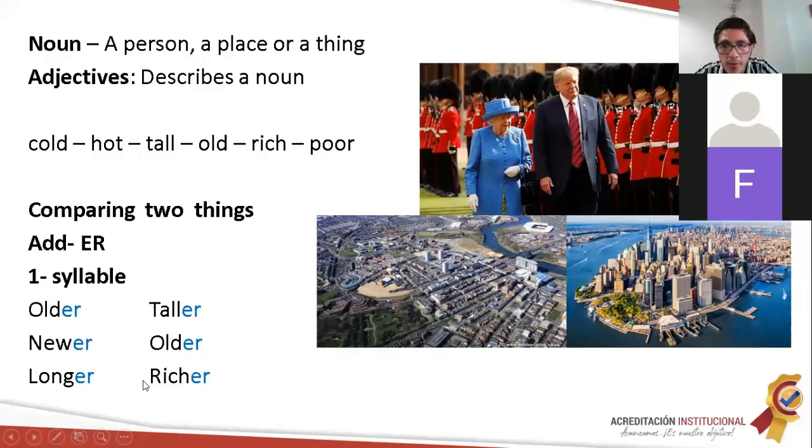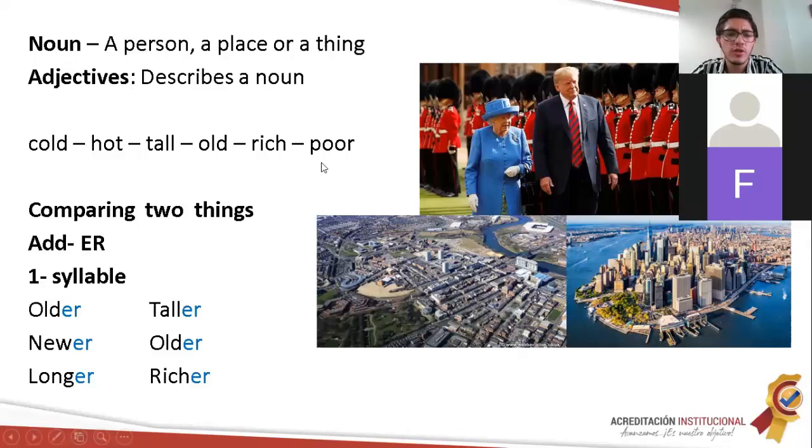For example, Fabian, who is older, Trump or Elizabeth Queen? Oh, I don't know. I think Elizabeth Queen is older than Trump. It doesn't matter if it's not real. Maybe we can say Donald Trump is older than Elizabeth Queen, but it doesn't matter. What we're doing here is comparing things.